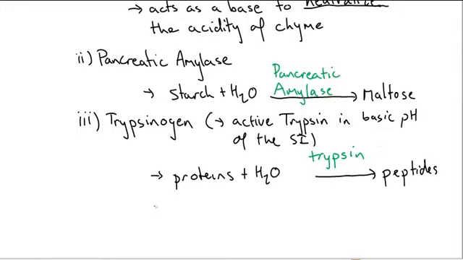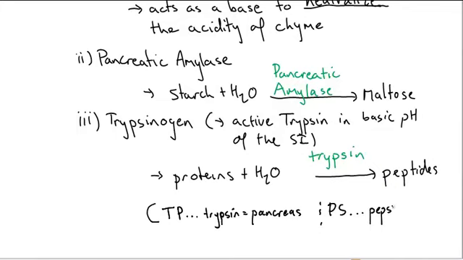There's a trick for remembering trypsin and pepsin, which one's from the stomach and which one's from the pancreas, small intestine. Okay? I remember TP, toilet paper, TP, trypsin is from the pancreas, and PS, pepsin, is from the stomach.